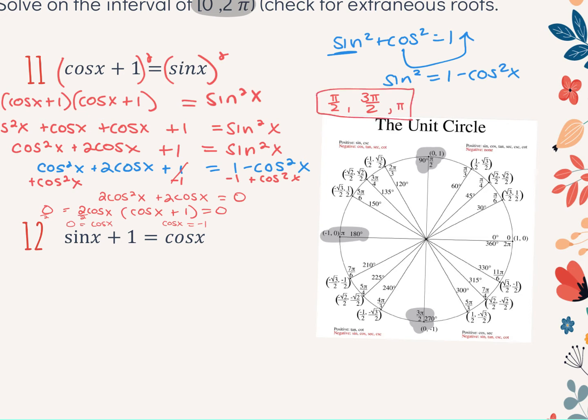Oh, I have a question. Yeah. When you're looking at the one to the right, like the 1, 0 point, how would you know when to use 0 and when to use 2 pi?